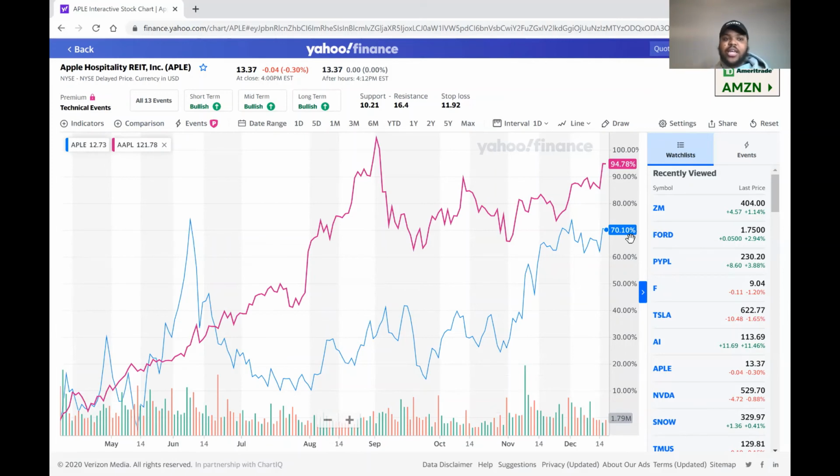So if you would have invested in Apple REIT, thinking that you had Apple, the company, you would have essentially cost yourself 24% over the past year, 8 or 9 months or so, whatever the chart is showing us. So that's the difference. You got to be careful about ticker symbols.